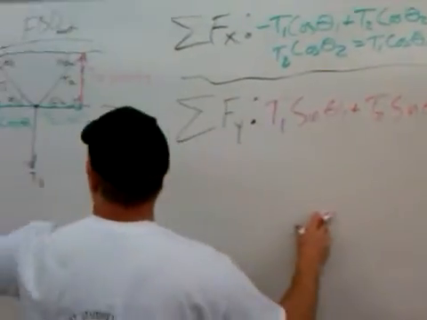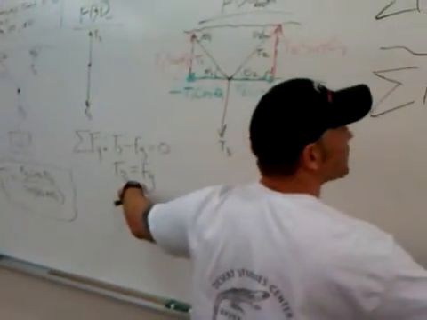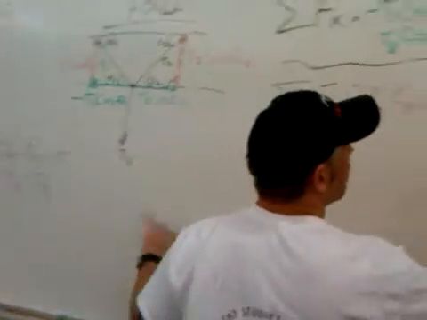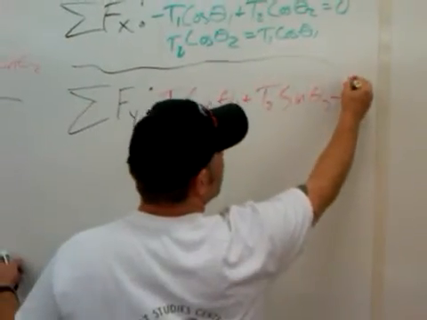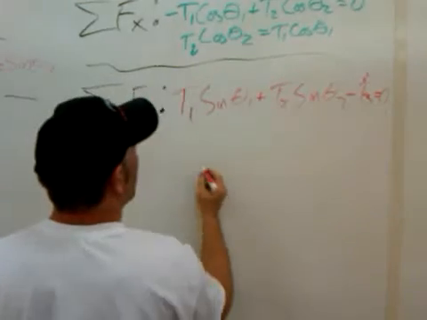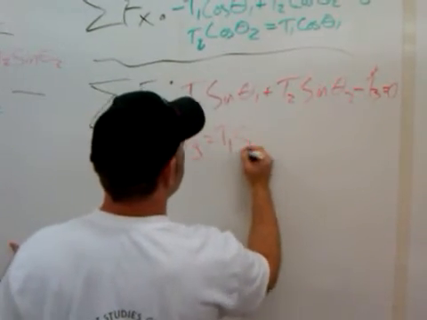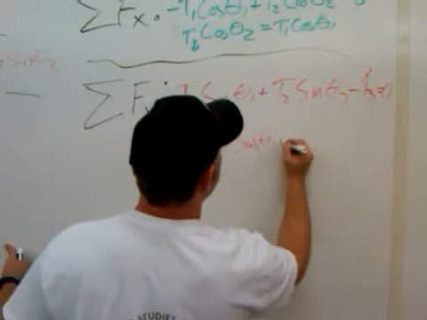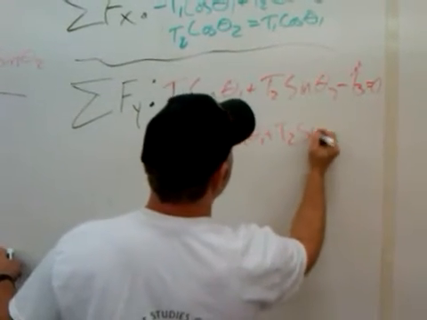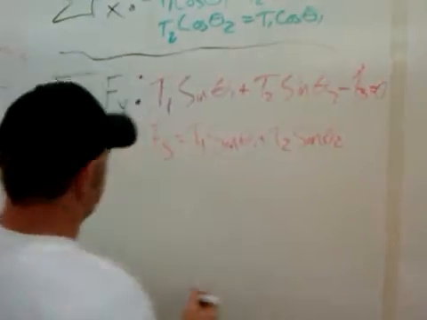Now a minute ago, we said that T3 equals F sub g. So if I consider that, I can put that in here, and I can move this to the other side, and I can say F sub g equals T1 sine theta 1 plus T2 sine theta 2.